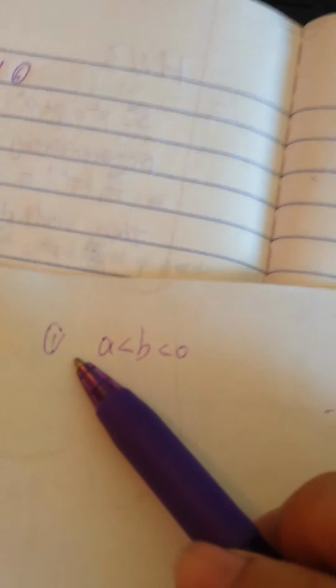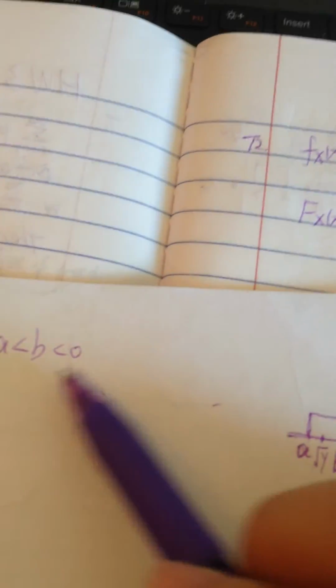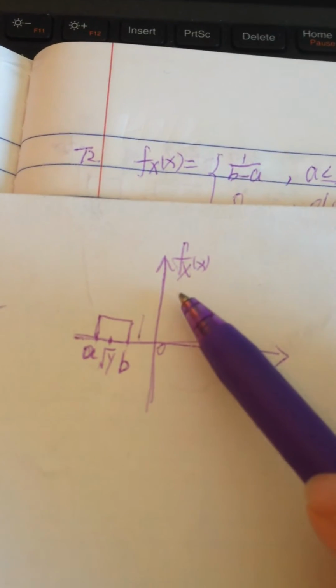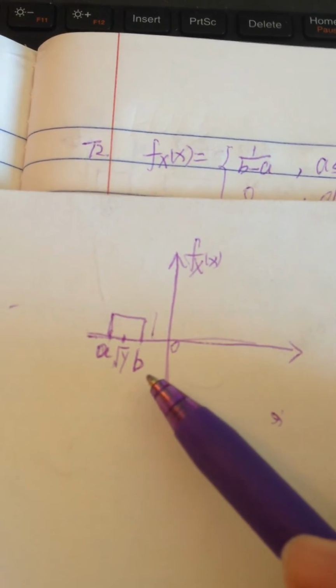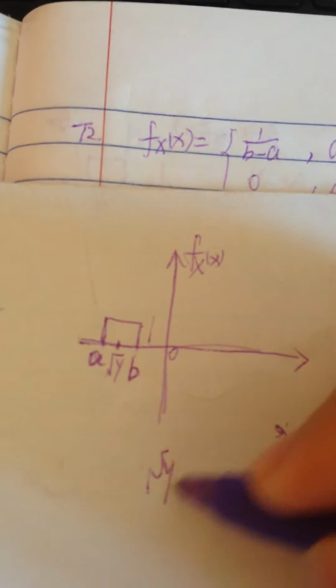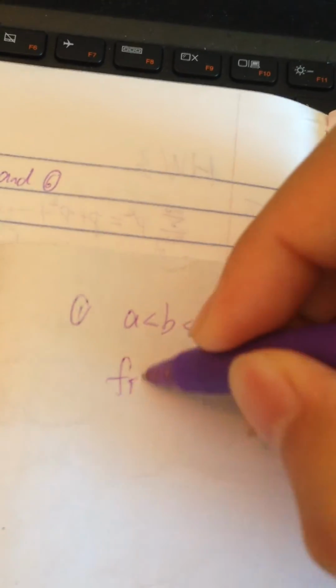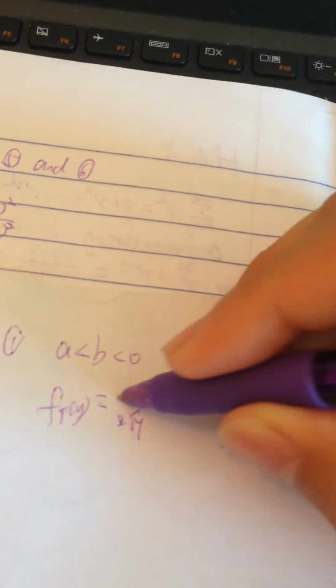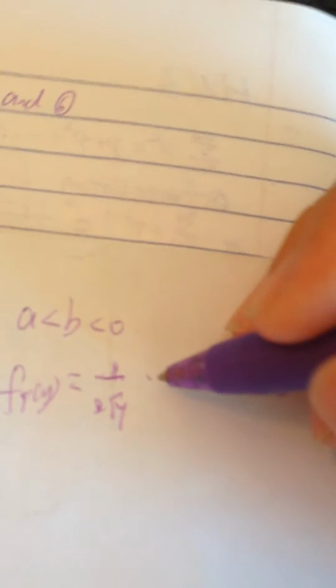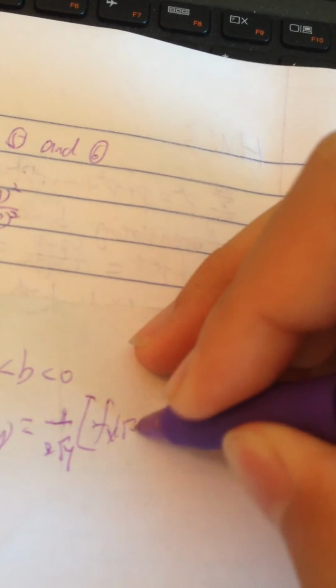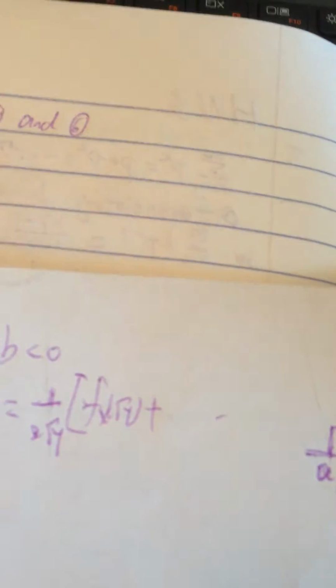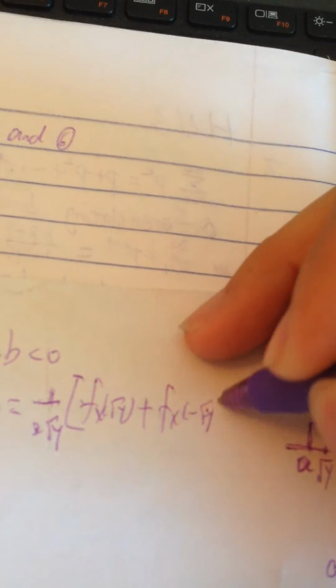First, if a is less than b less than 0, and fx is just like this, we can easily know that only the negative square root of y is between a and b. So fy of y equals 1 over 2 square root y times the bracket fx of square root y minus fx of minus square root y.